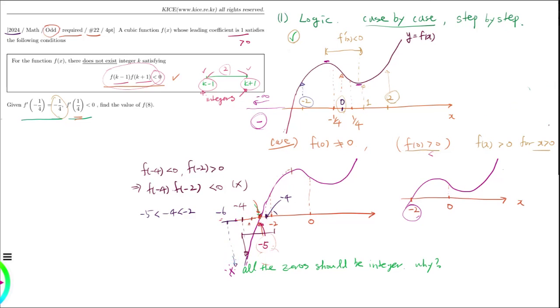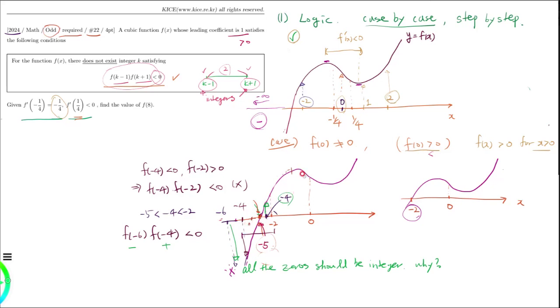So if you multiply the value of f of negative 6 times f of negative 4, it would also be negative, because f of negative 6 will be negative and f of negative 4 will be positive here.